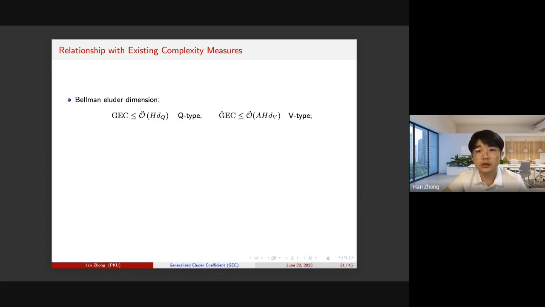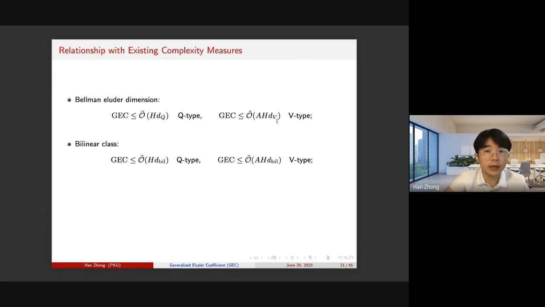And the GEC is also bounded by O tilde A H d_V, where d_V is the V-type Bellman-Eluder dimension. For the bilinear class, the GEC is bounded by O tilde H D_bilinear. Here D_bilinear is the bilinear rank, and this holds for the Q-type problems, and the GEC is bounded by A H D_bilinear for the V-type problems in the bilinear class.